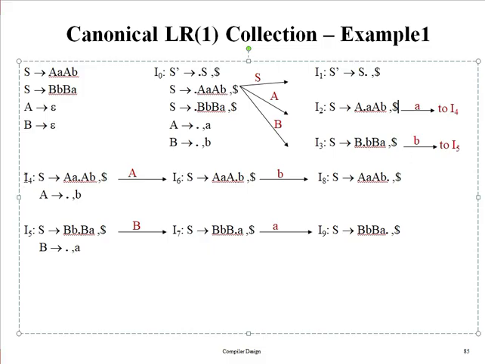And I4 is generated from I2, not from those, because those are final items, and not from I1 because it is also a final item, but from I2 we can generate I4.